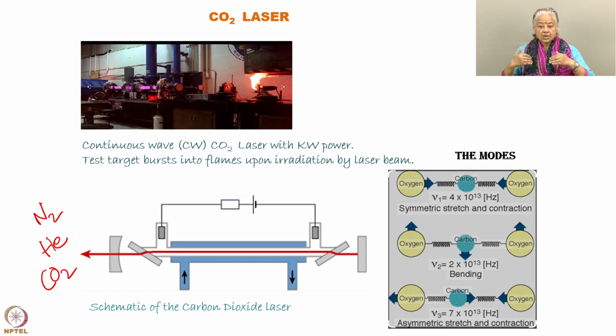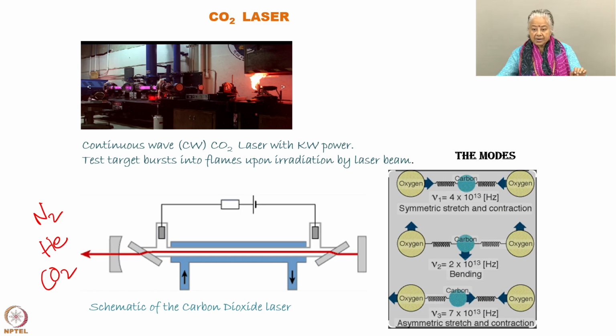This is called the bending mode, because the bond in between is bending at an angle. Oxygen is going up in one direction and carbon is moving in the other direction, so you have an angle in that bond. That is why it is called the bending mode.